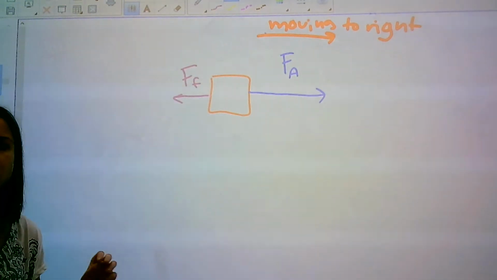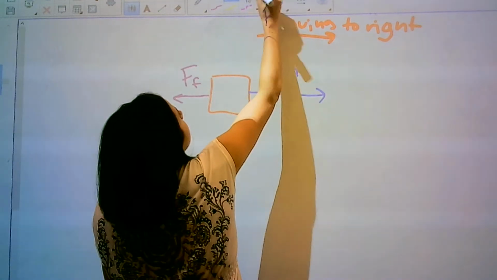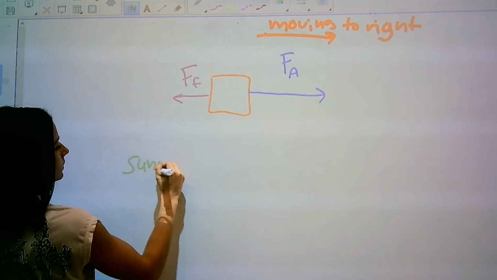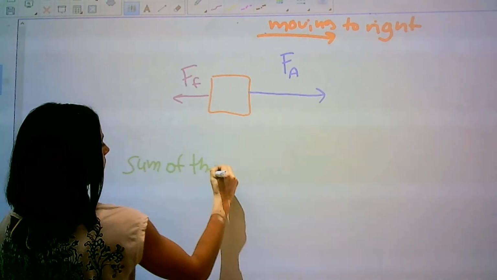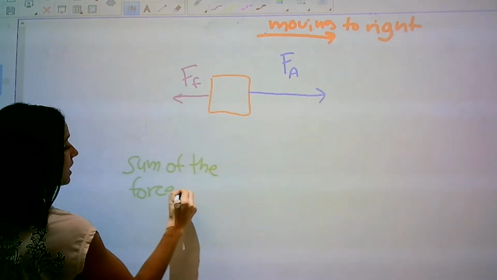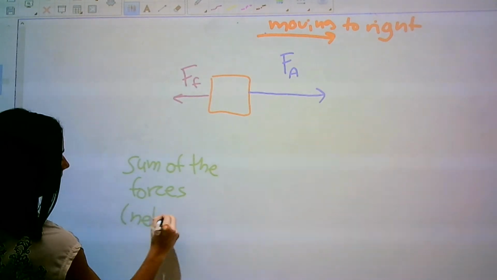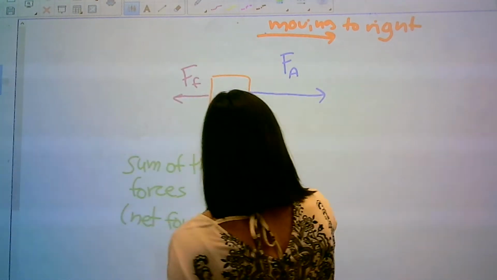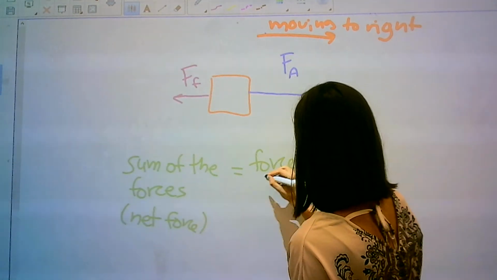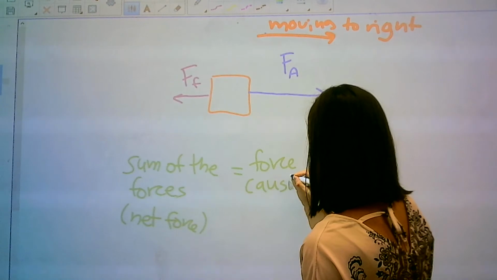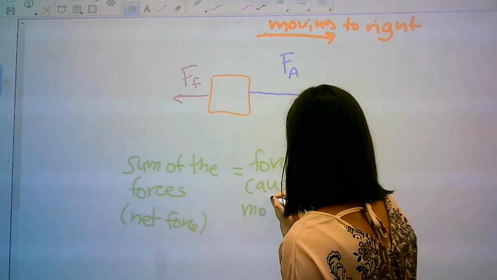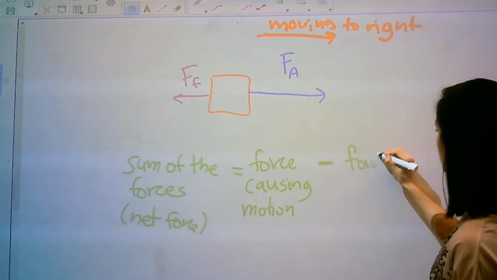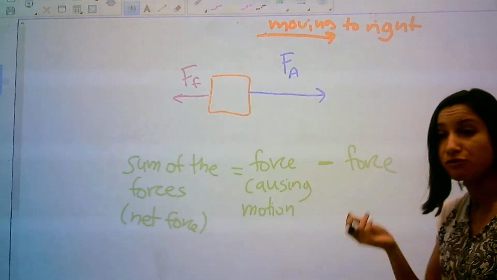The sum of the forces, write this down, which we also call the net force, will be the force causing motion minus the force resisting motion, which is usually going to be friction.